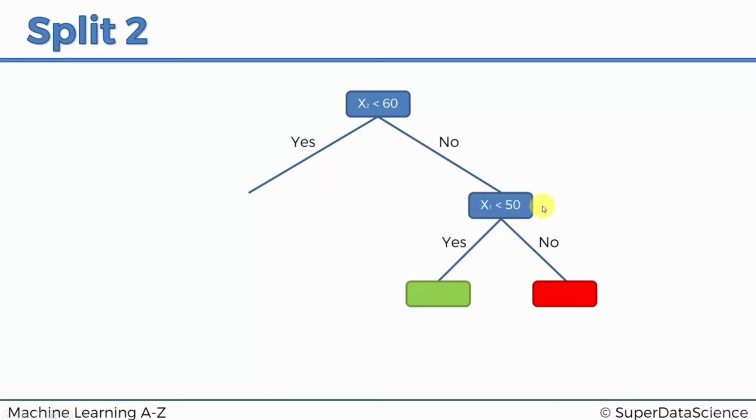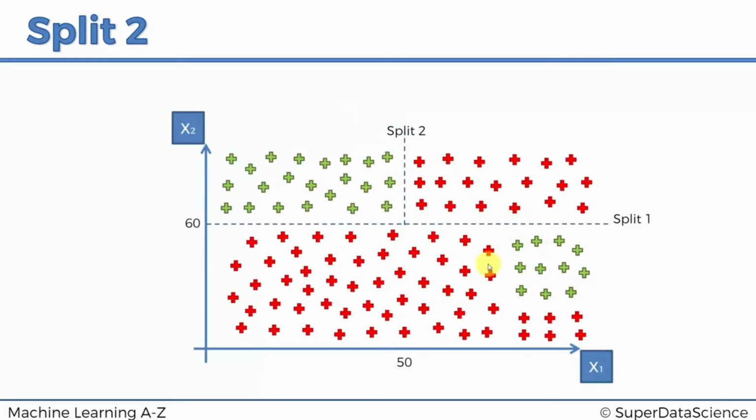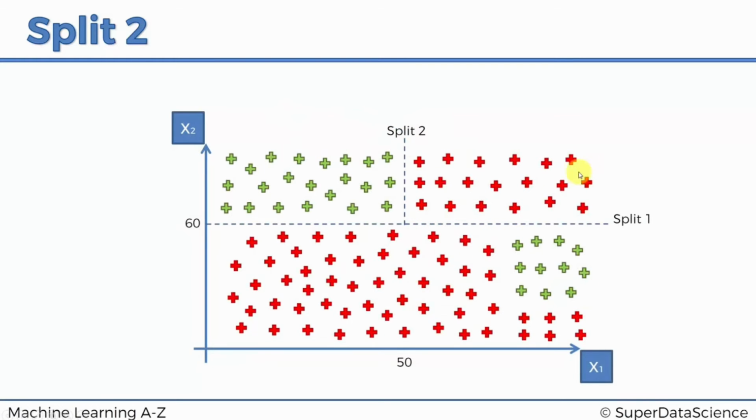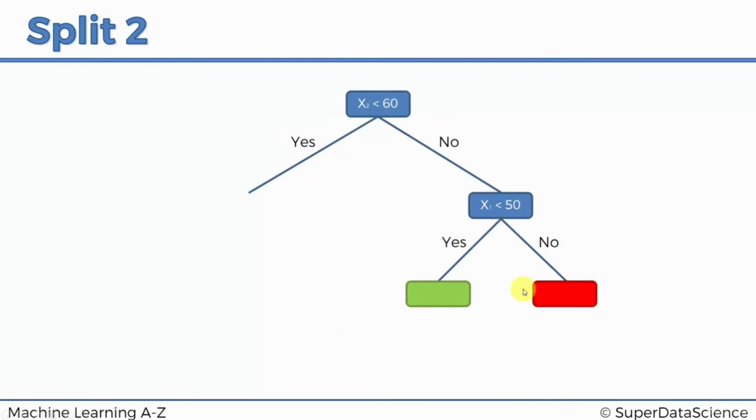So here we go, x1 is less than 50, yes or no. And here you can see right away that this split already can tell us whether something is green or red. If we're already above 60 and then below 50, then it's green, which we can see here. If we're above 50, then it's red, which we can see here. So that's how this classification works.